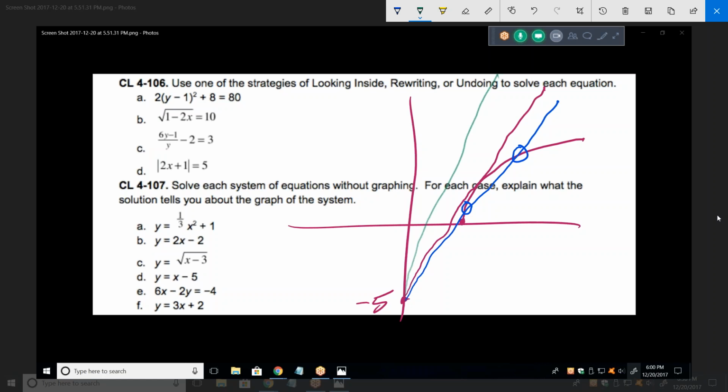And the fact that we only came up with one solution tells us that the one curve, this one, has to be tangent to that one, which is our red straight line and our red curved line. They intersect at only one spot, and that spot is when x is equal to 7 and y is equal to 2.